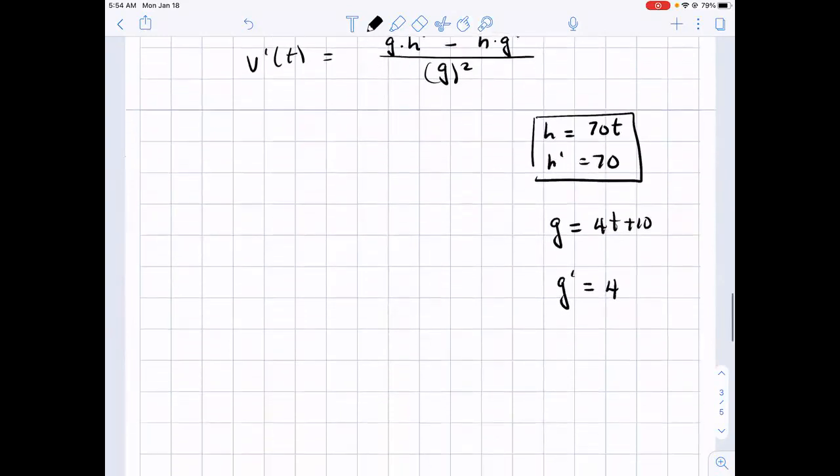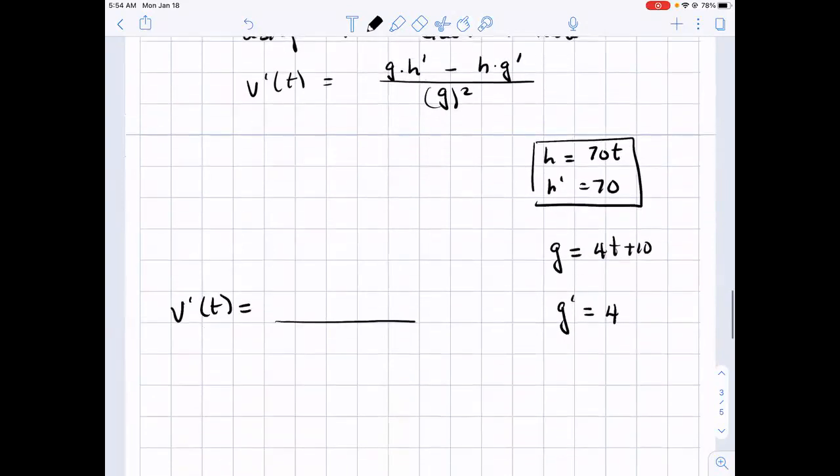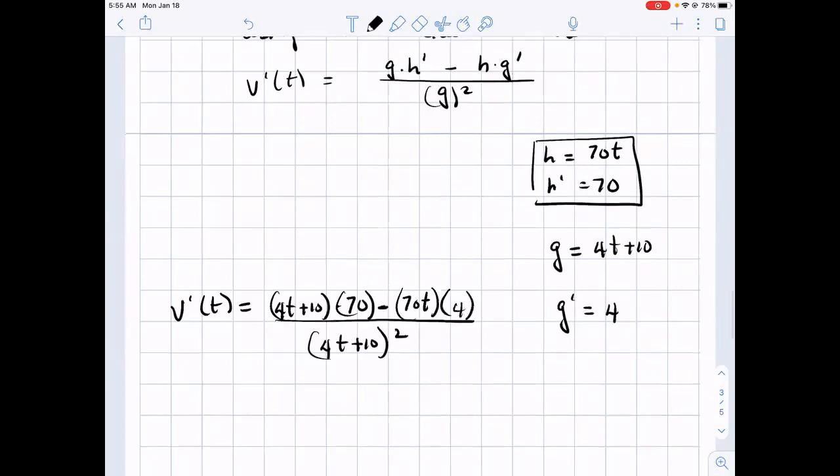So we can plug that in now. V prime of t is, we need g squared, which is 4t plus 10 quantity squared. Then g, which is 4t plus 10, times the derivative h prime, 70, minus h, which is 70t, times g prime, which is 4.